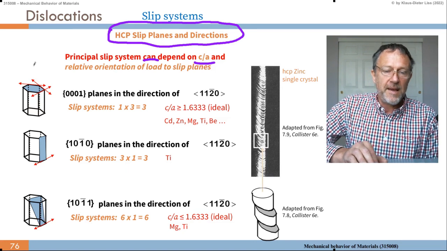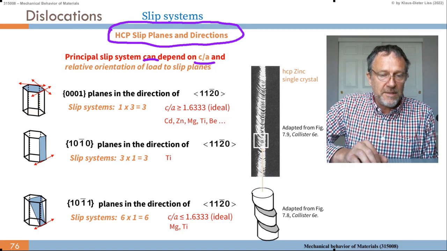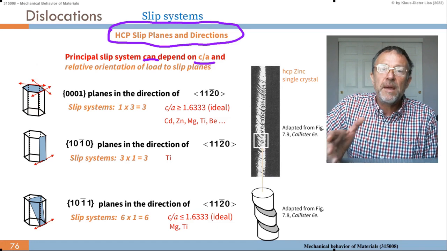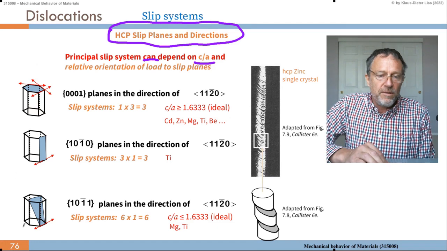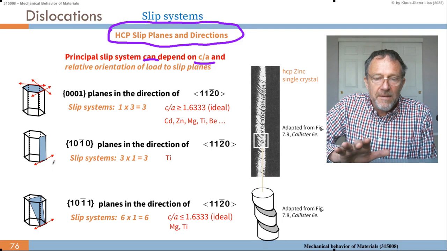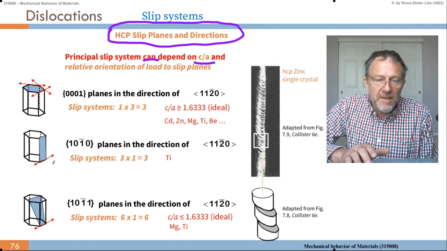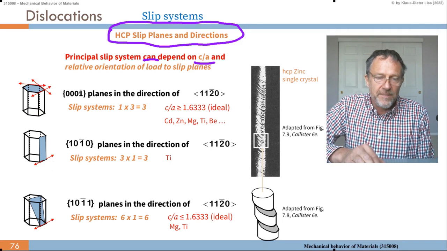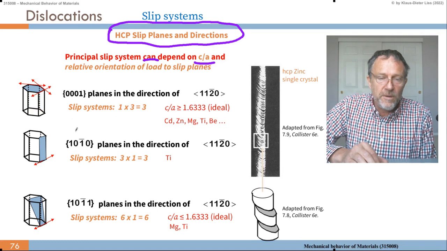And again, I will introduce 3 slip systems. There may be more, but I introduce 3 slip systems, and which one is activated depends on the temperature. They have some activation energy, how easy it is to break a bond or not.